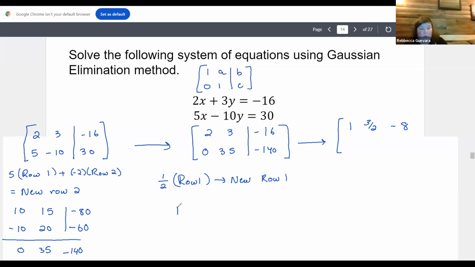Then we're going to take row 2. We're going to do this all at the same time. And we're going to divide everything by 35, and that's going to be my new row 2. So like I said, I add 2 rows to replace a row, and then I can multiply or divide by something to get those ones. So in this case, those will be 0, 1, -4.